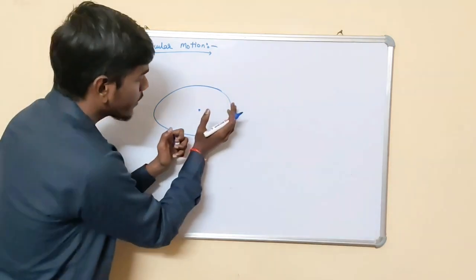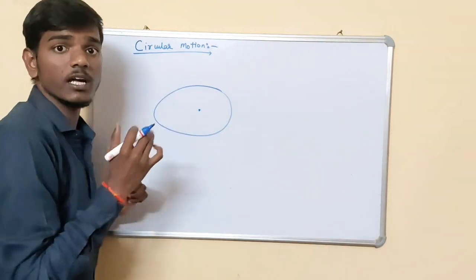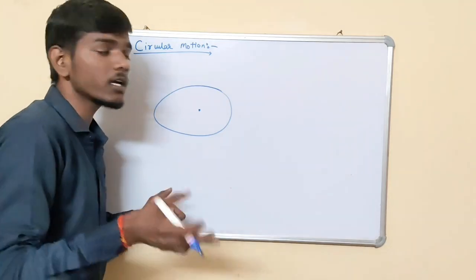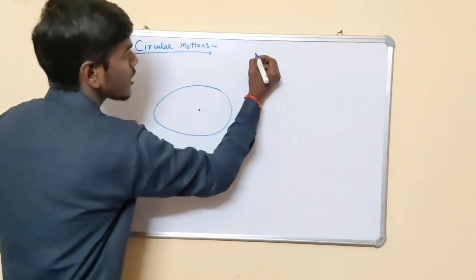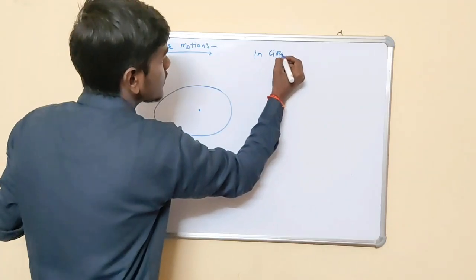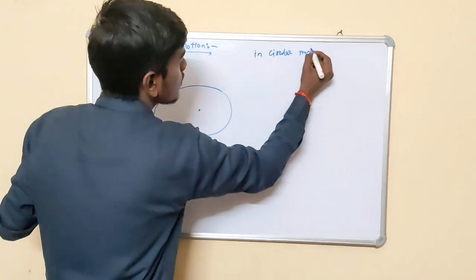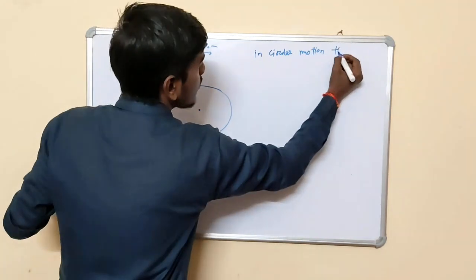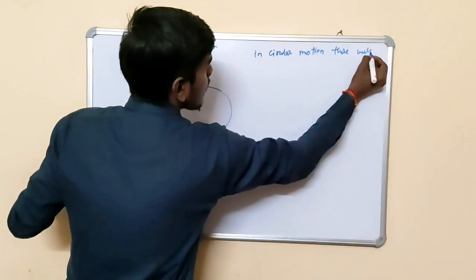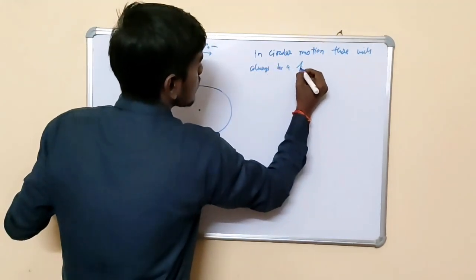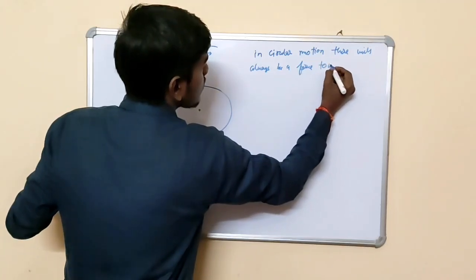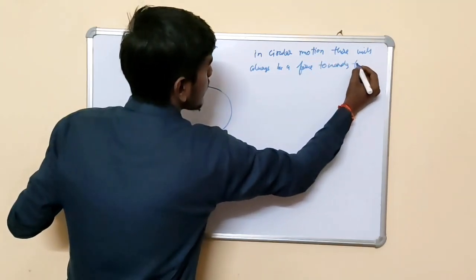If a particle is moving in a circular path, then there must be some force which forces the particle to move in the circular path. So in circular motion, there will always be a force towards the center.